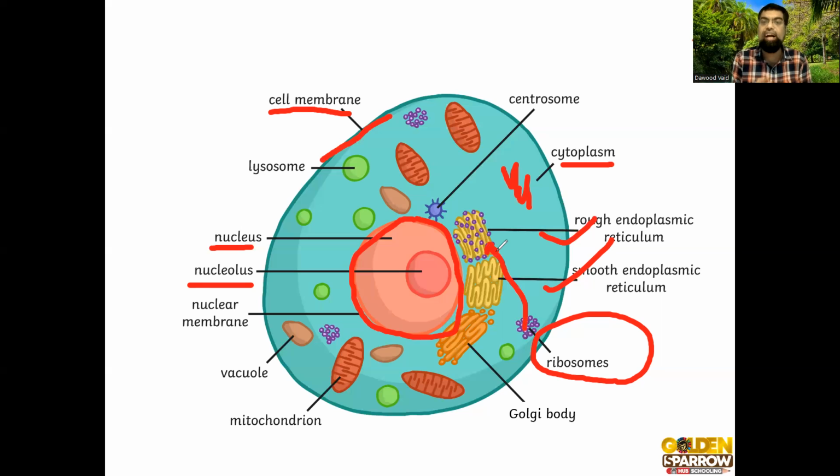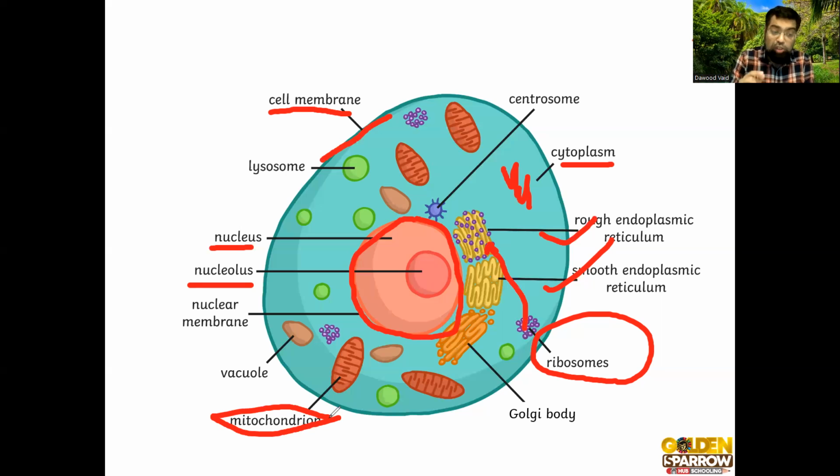Good enough? Now, what else do we know about the cell that we are talking about? The plant cell out here has something called the mitochondria. Mitochondria are like the lungs. Mitochondria are right here. Can you see a couple of mitochondria out here? Mitochondria are equal to the lungs in the human body. Why? Because they carry out cellular respiration.